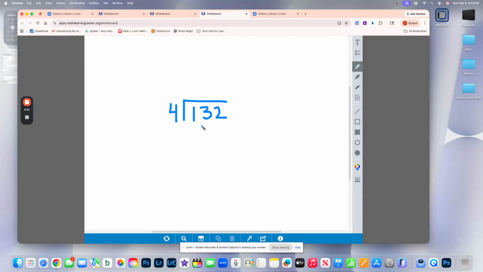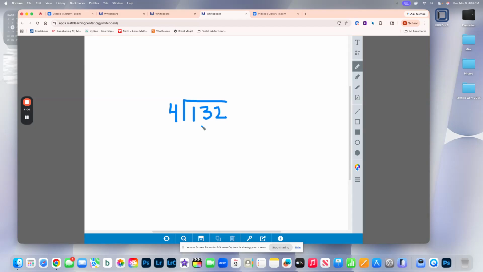The method I like to use is a place-by-place or partial quotients method. In this method, you need to be able to use your multiplication facts, and you need to understand place value pretty well.